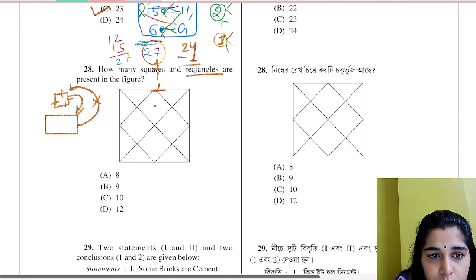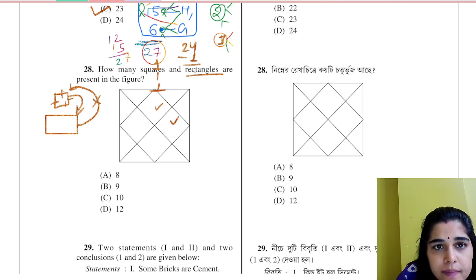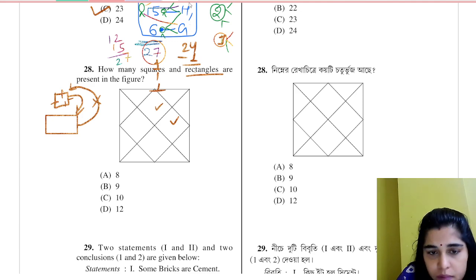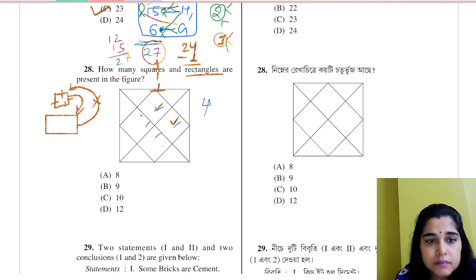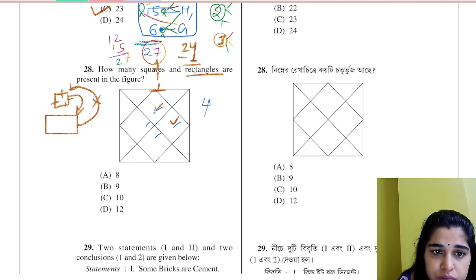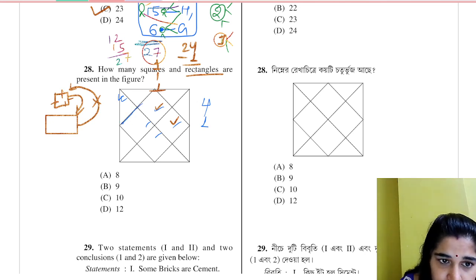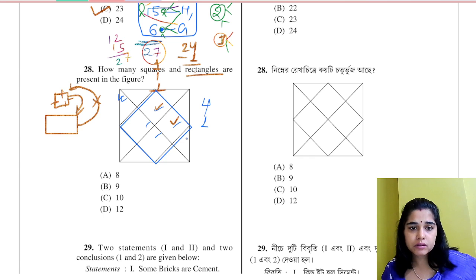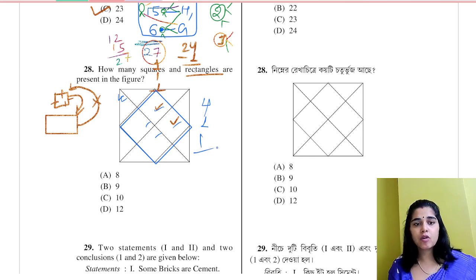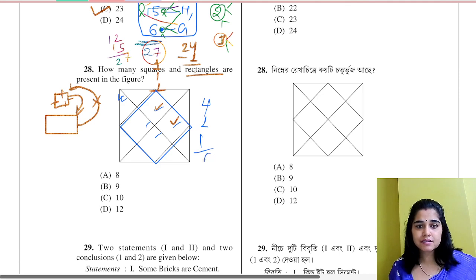We can see here 1, 2, 3, 4. 4 squares. And if you take this one as a bigger portion, 1 more square, and this is also one more square. So how many squares are here? 4, 5, 6.